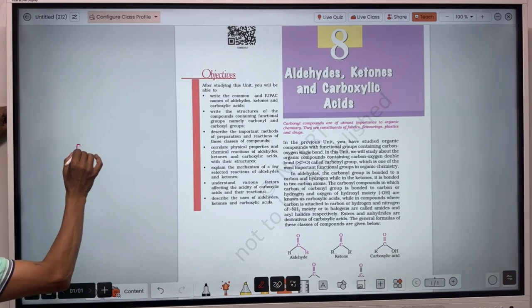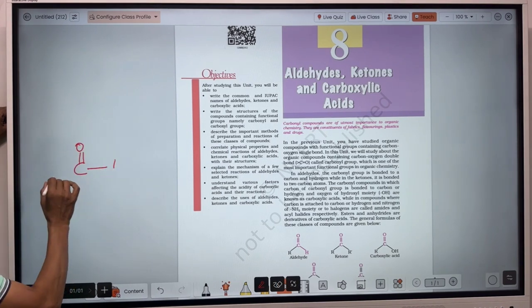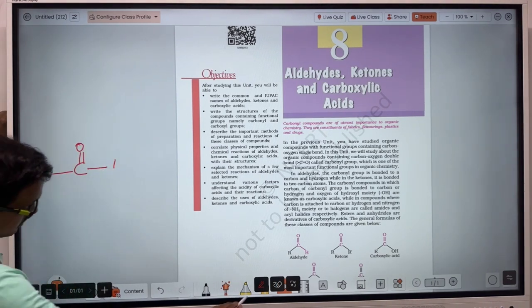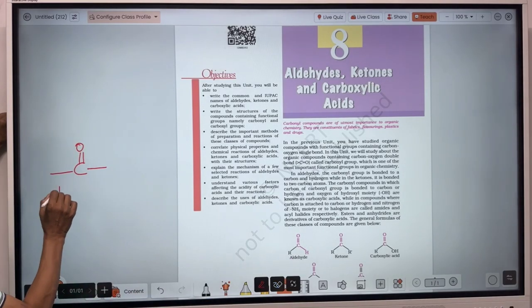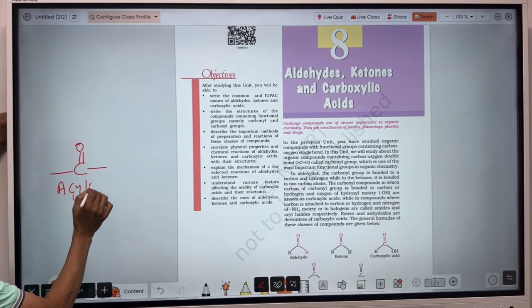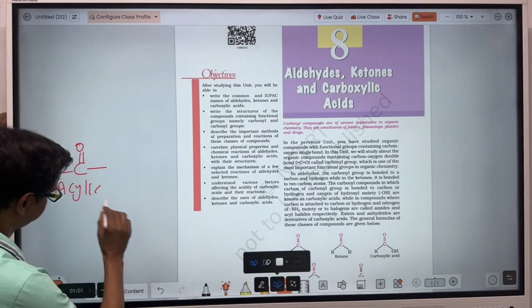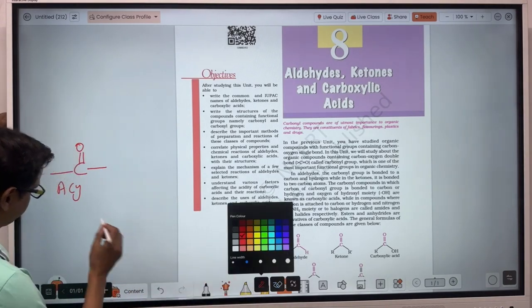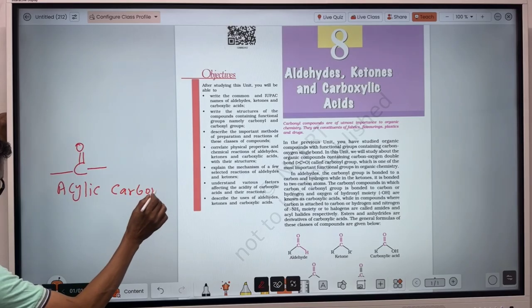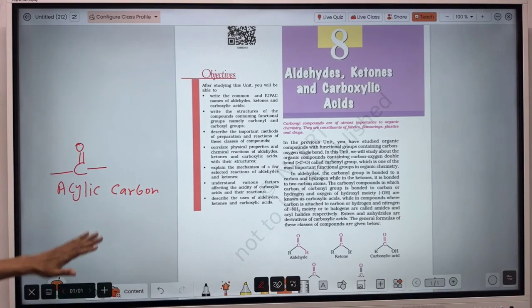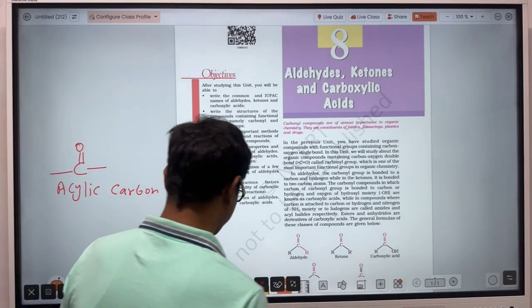When one oxygen is directly bonded to the carbon, that will be called an acyl carbon. This one is called acyl carbon.